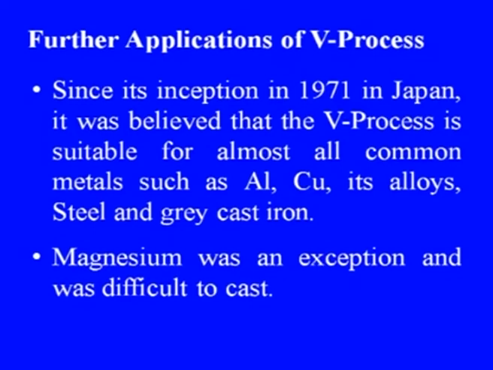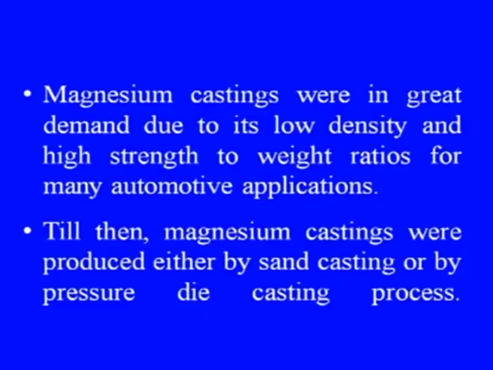However, magnesium was an exception and was difficult to cast. Of course, magnesium is a metal which is otherwise also difficult to process. It is highly reactive and therefore, it is potentially dangerous to work with magnesium.